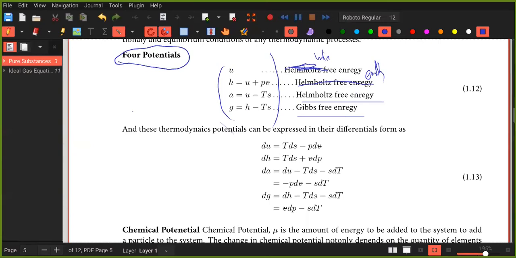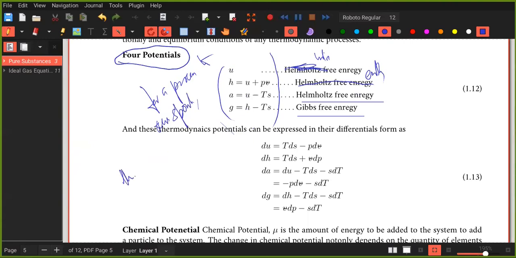Usually for a process to occur spontaneously, the process proceeds in a direction in such a way that the potentials are minimized.